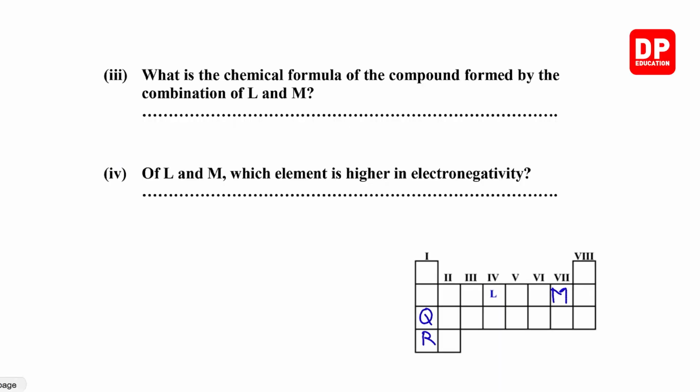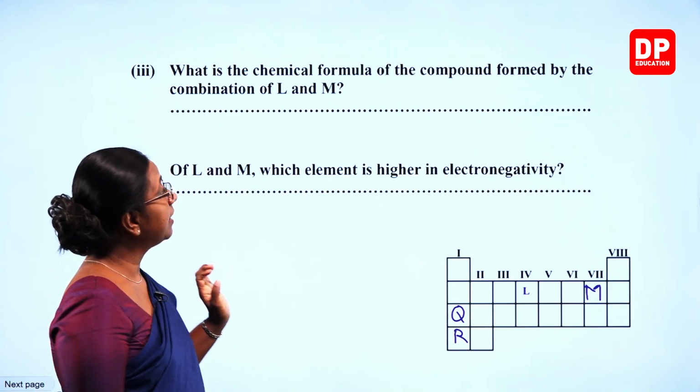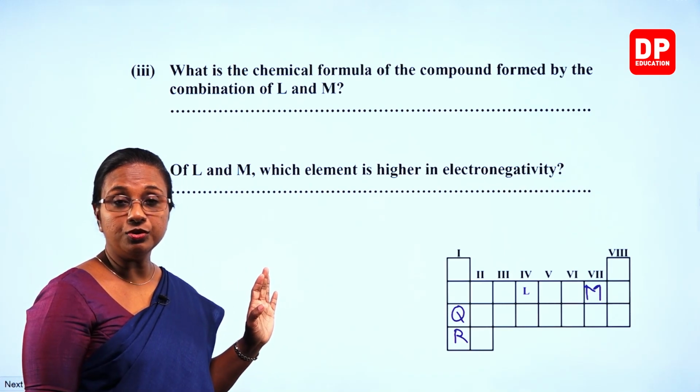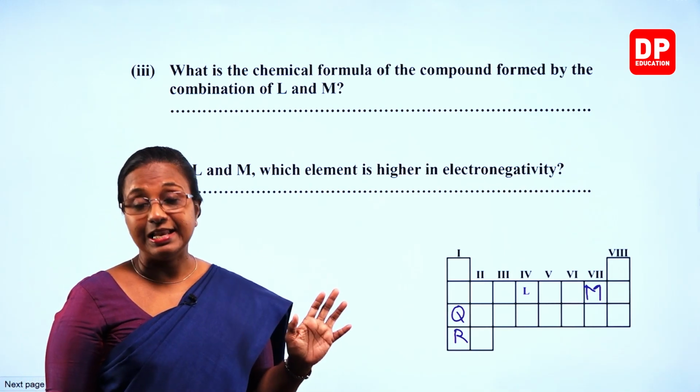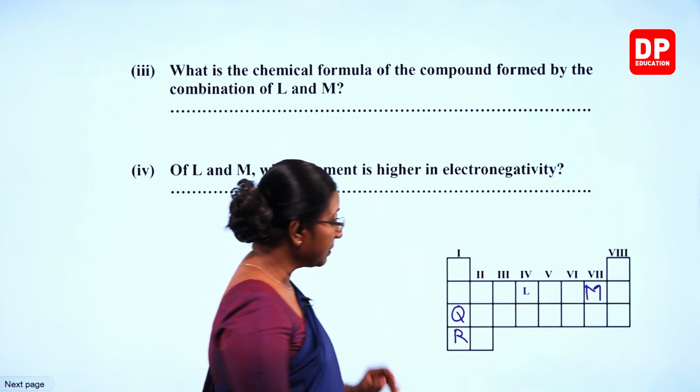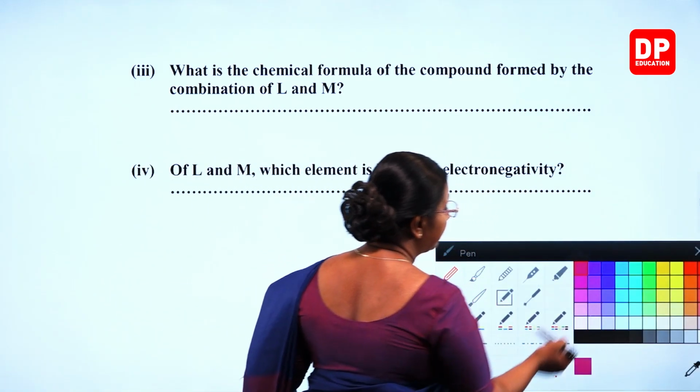Third part, again here I have the periodic table with the position of the elements. Third one: what is the chemical formula of the compound formed by the combination of L and M? To write the chemical formula, what do you need to know? You need to know the valency. You all can remember, students, valency in the periodic table.